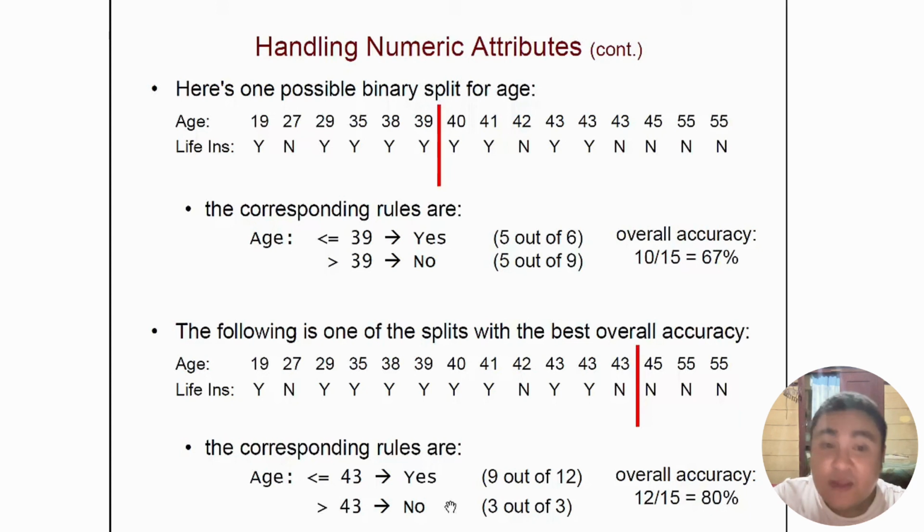And after that, this is the triggering point of the binary split. The range from 45 to 55 answered 3 out of 3. Okay? So when you do a split like this, for example 19 to 43, you need to make sure that you can get the majority.